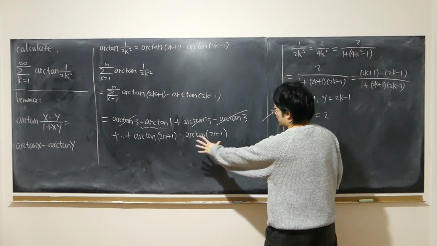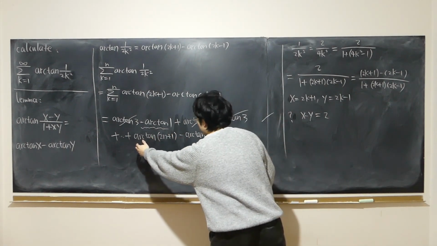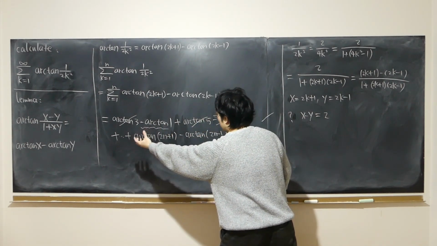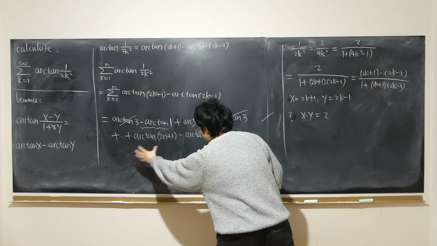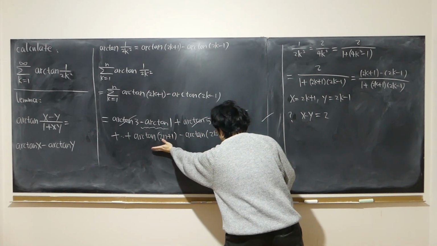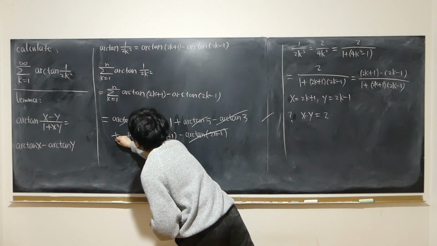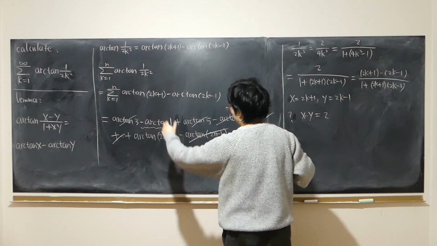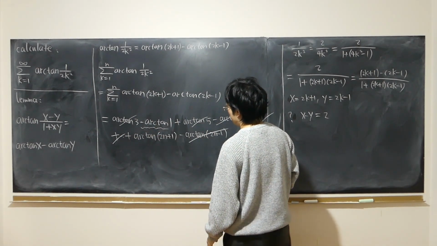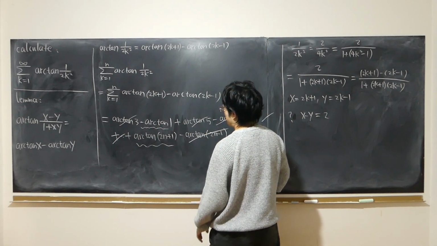And for this pair, its former cancels with the latter of the next pair, so this pair cancels with some other pair. And I'm left with this and that.